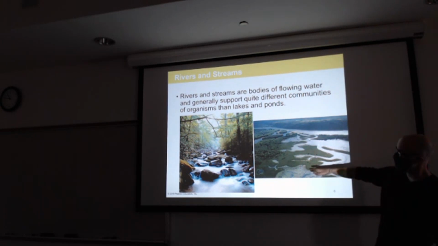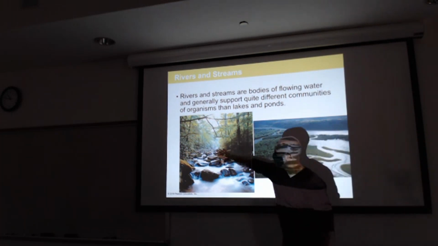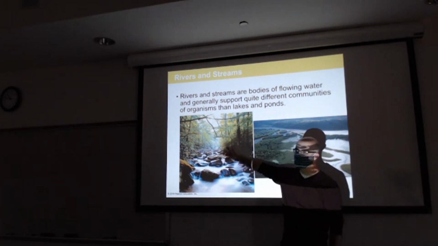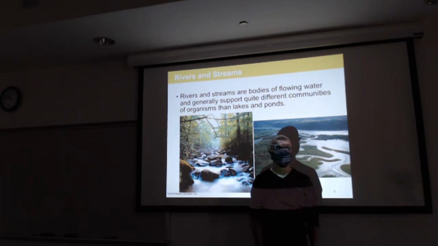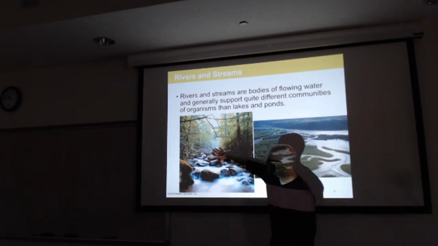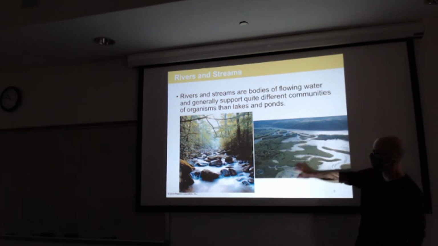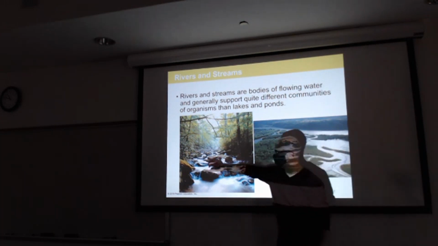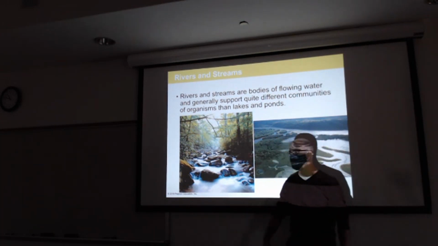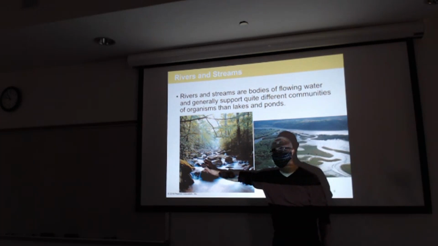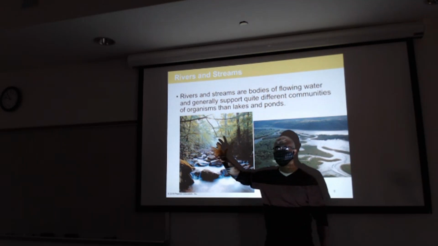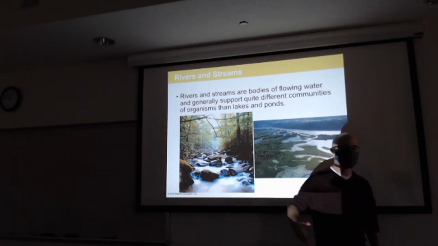So rivers and streams, these are called lotic systems, that are moving. And we've talked a lot about this already with the stream, right? What do you expect the characteristics of this type of stream versus that kind of stream? What do you think about temperature? Cold temperature. What do you think about nutrient availability? Not much. It's going to be pretty non-rich.